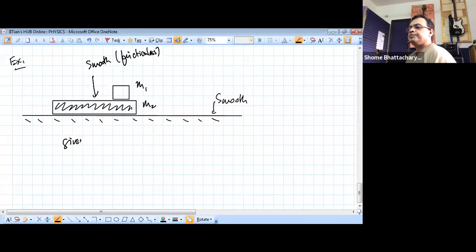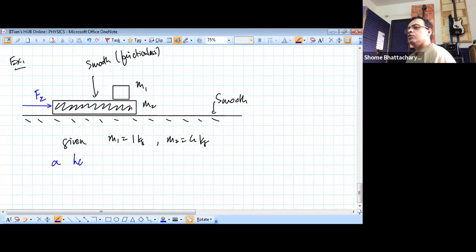So given m1 is equal to 1 kilogram, m2 is equal to 4 kilograms. Now what we start doing is, we start applying a horizontal force. We start pushing this block m2 with the force F2.